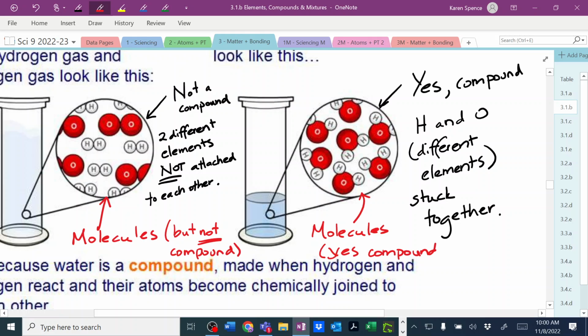So one of my favorite questions to ask on a quiz or a test is, are all molecules compounds? Okay, that's going to come up a lot.